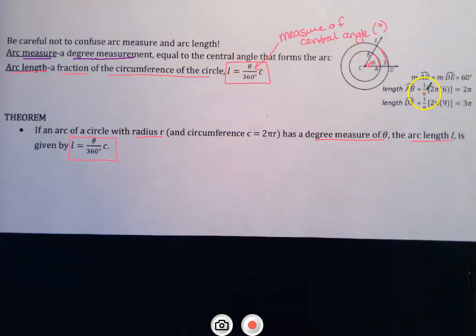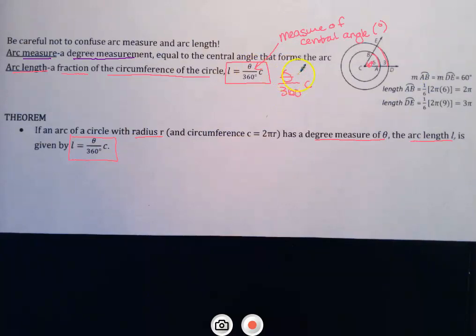So the length is 1/6 of the circumference, because 60... where do we get the 1/6? Because remember, the formula was theta divided by 360 times c. That's the only fraction.